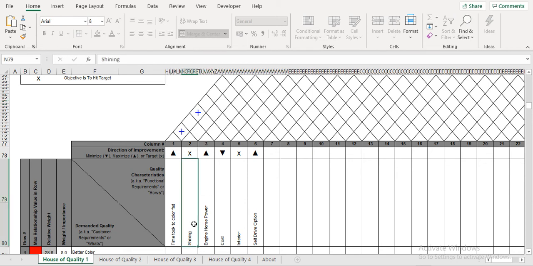Next, we go for shining and other things. Maybe cost: there is a relationship between cost and shining. This is the diamond that relates to this V shape we should look at. We write the relation at the bottom, in the diamond. So let me include positive relationship.